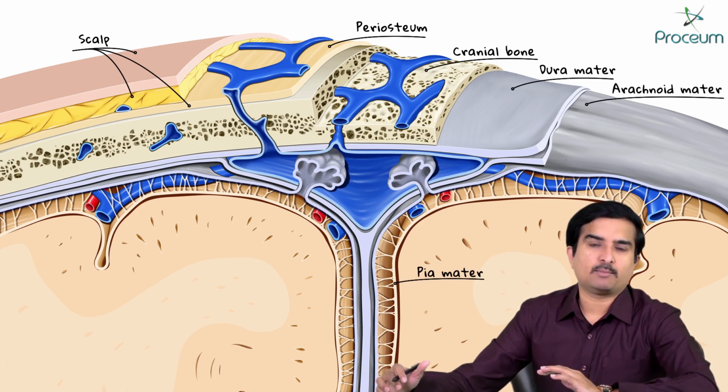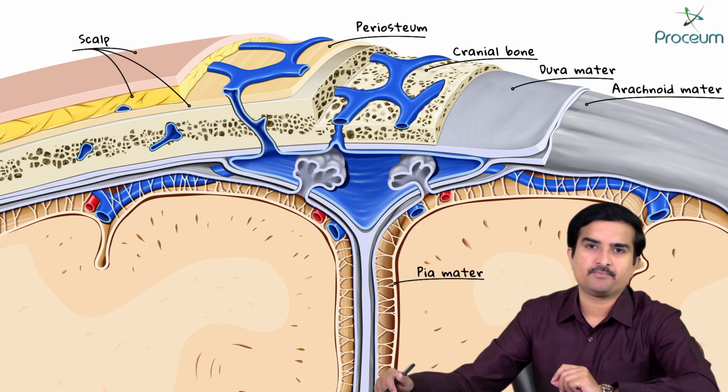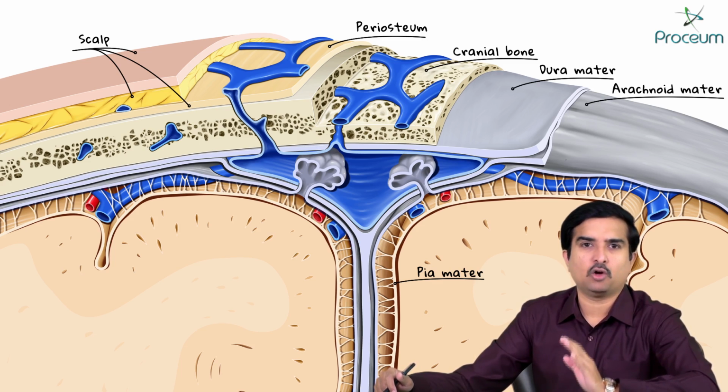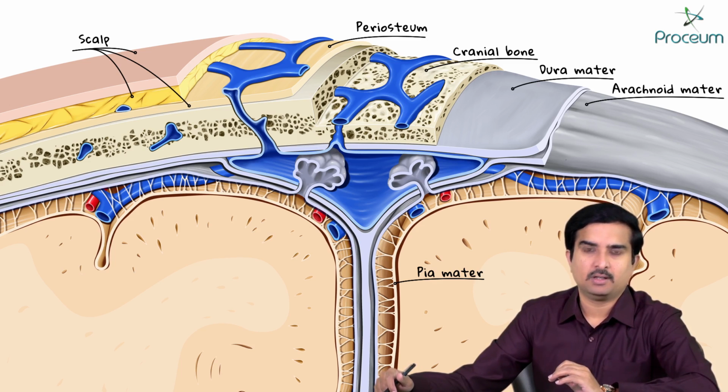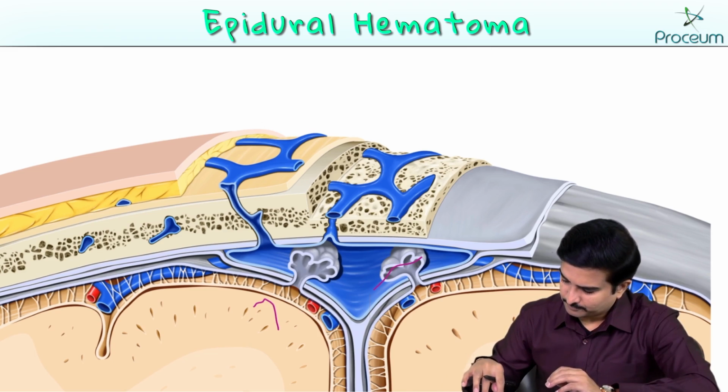So what is the outermost layer of the meninges? Dura mater. Dura mater is the outermost meningeal layer that covers the brain and the spinal cord, along with the other two layers.